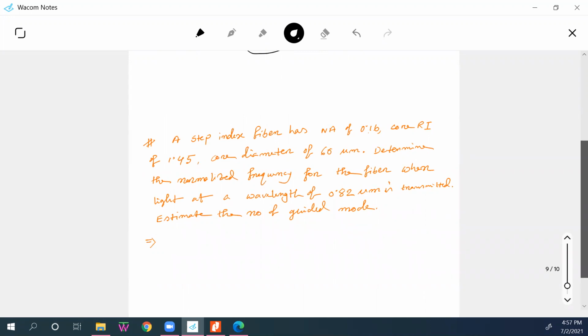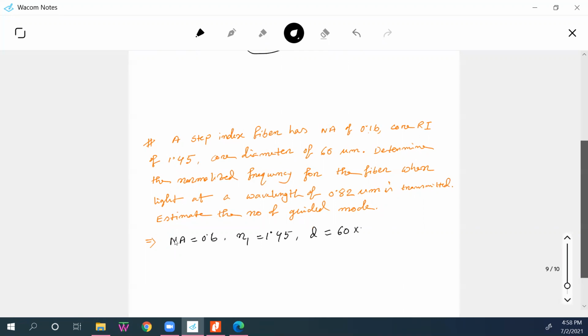So what we have here? We have a numerical aperture, given as 0.6, and the core refractive index n1 is given as 1.45. Diameter d is also given, 60 micro. What else is given?